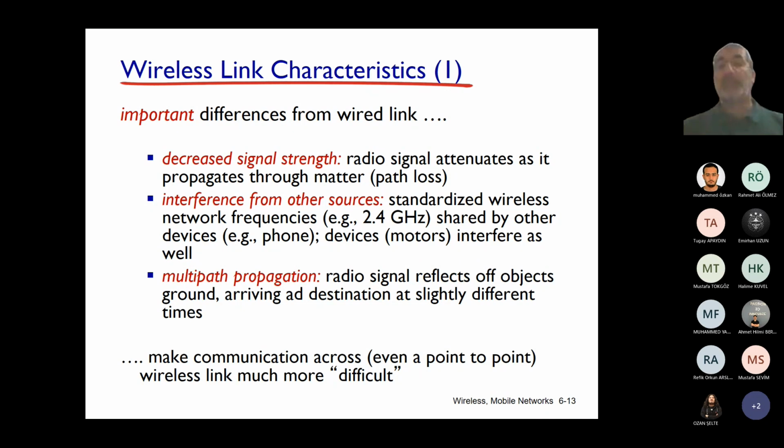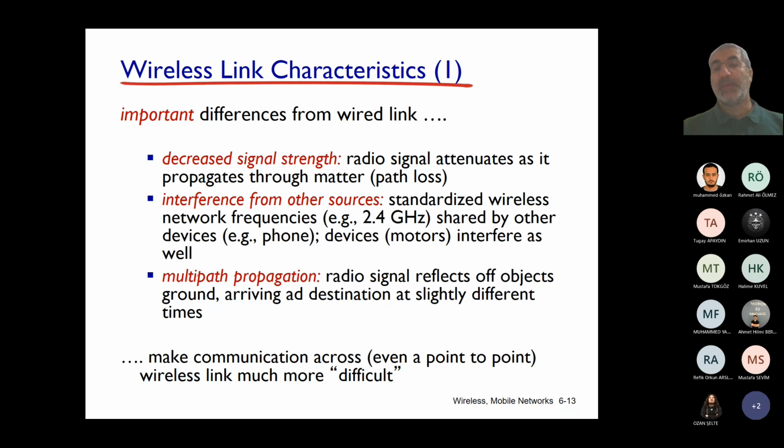Another main issue is multipath propagation. When we radiate the signal from the antenna into the air, the radio signal can reflect, diffract, or scatter off objects and the ground, and it can arrive at the destination through different paths. This is called multipath propagation.